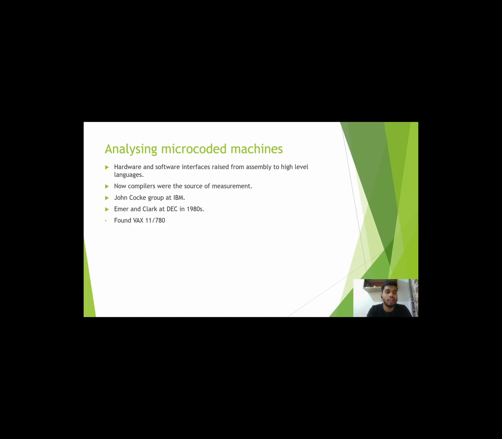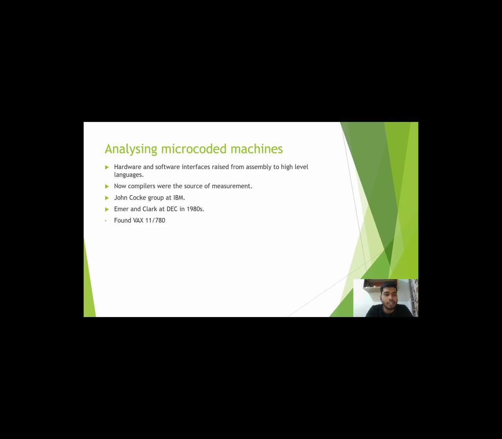While analyzing microcoded architecture, one of the major names is John Cocke's group at IBM. At that time, what was the plan? That hardware-software interfaces would rise from assembly language to high-level language programming.